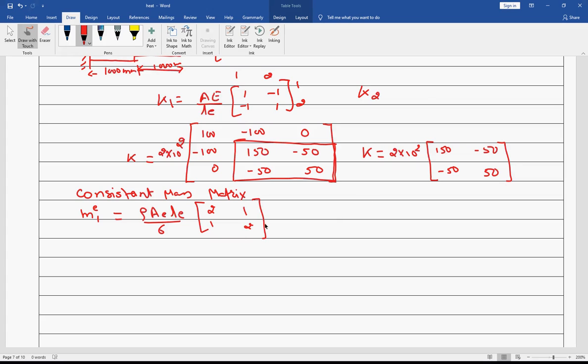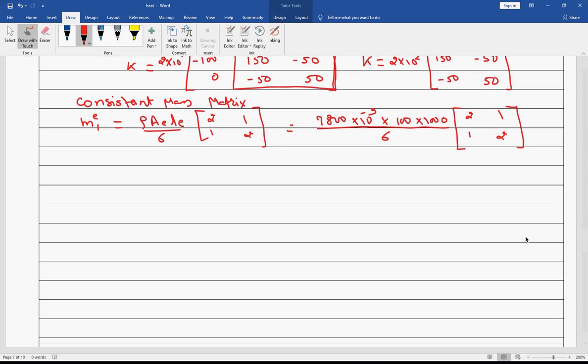Okay. So for element 1, you can calculate 7800 kg per meter cube. So that is 10 raised to power minus 9, of course, kg per mm cube. And area is 100, length is 1000, and divided by 6. So I'm going to get 2, 1, 1, 2. Okay.